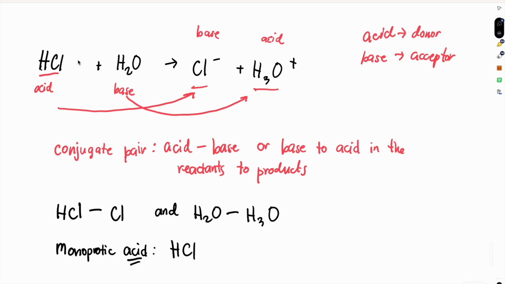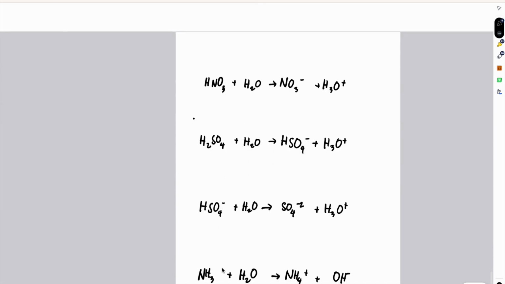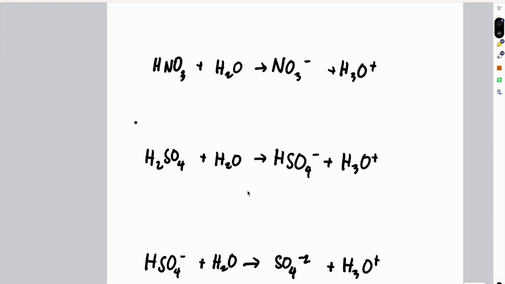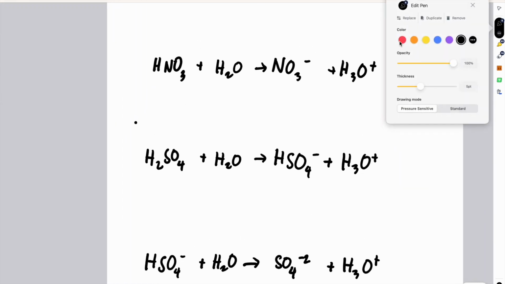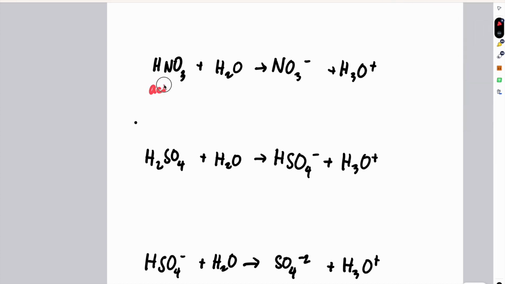HCl is capable to donate only one hydrogen proton. So, here we have another example. This is acid. This is base. This is base. This is acid. So, note that HNO3 may nahimo siya og NO3 nawala iyang kay iyang gidonate.